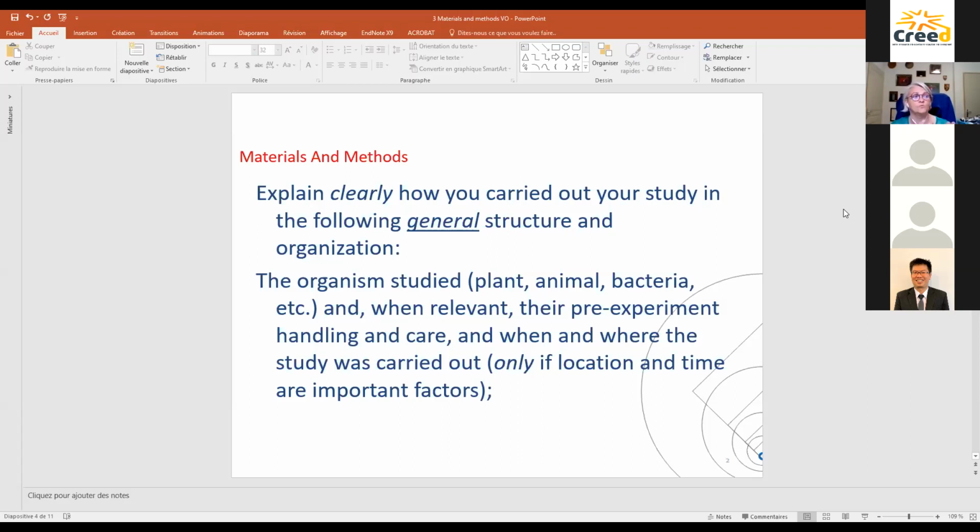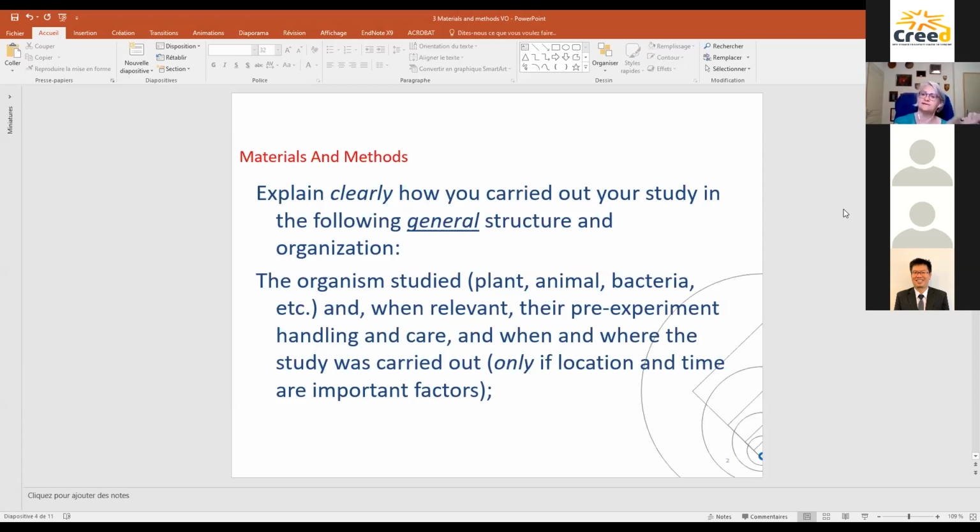You will say where and when the study was carried out, but only if location and time are important factors, because sometimes we do an experiment in the laboratory with laboratory-based cultures. It's not important to say the experiment was carried out in Emma's lab in Paris in February of 2000. That's not important.